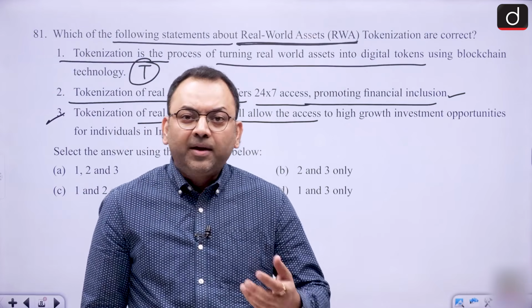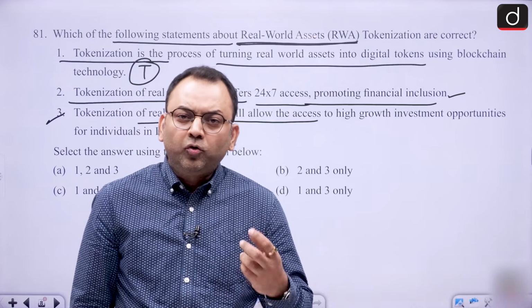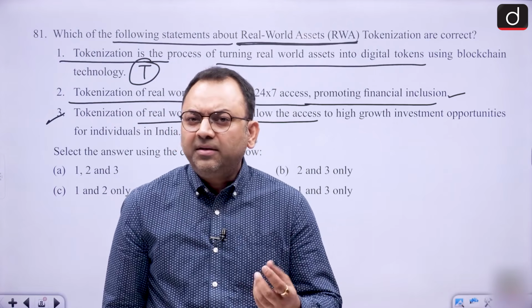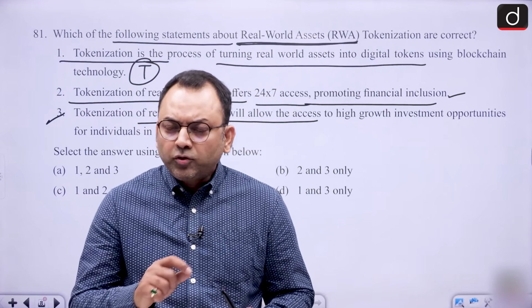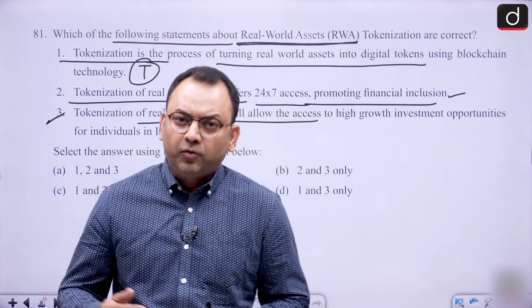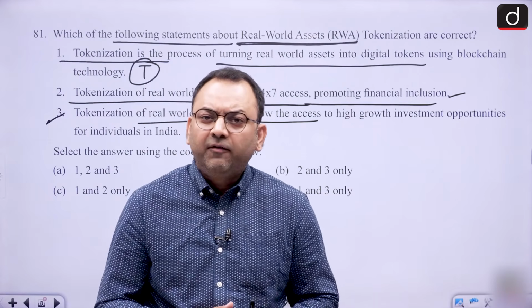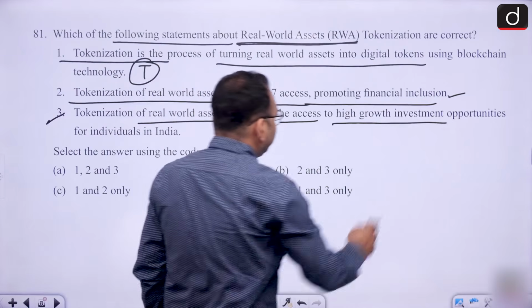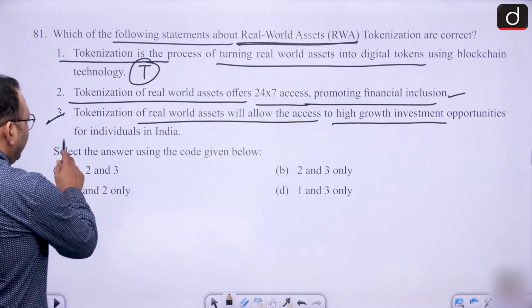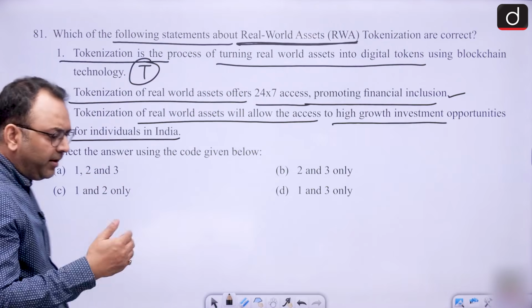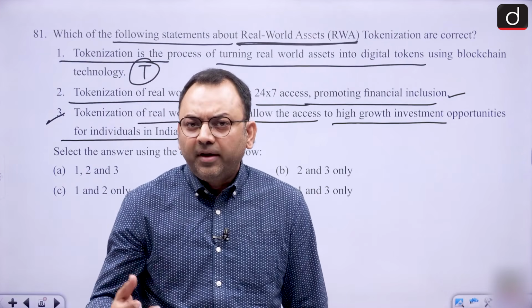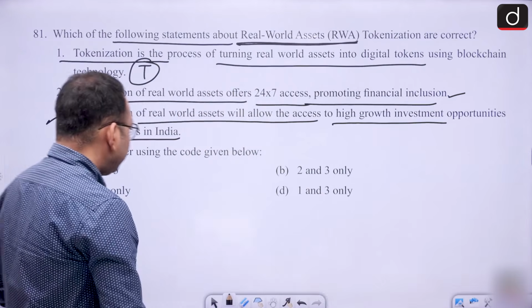But if you buy a painting's token, a monument token, or tokens of any property or book, those tokens have a very high rate of growth because they are sold at very high prices. So you get a very high growth investment opportunity, and in India it's possible. That's why this is also correct.